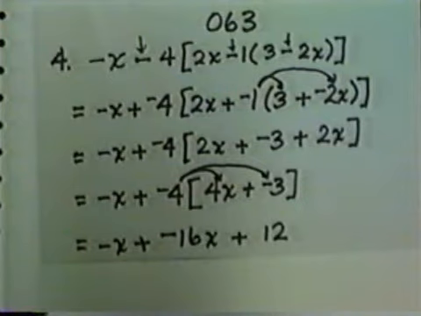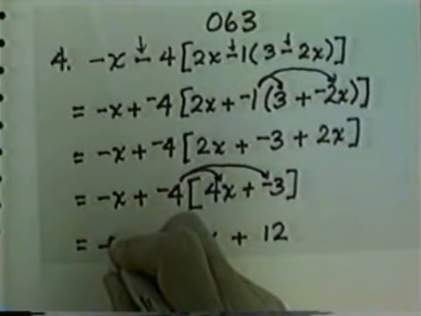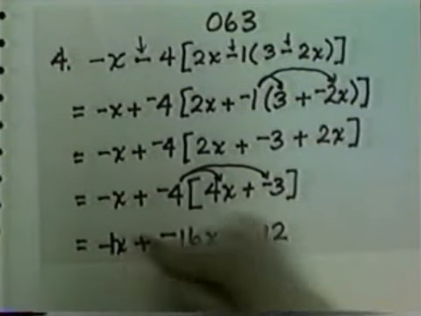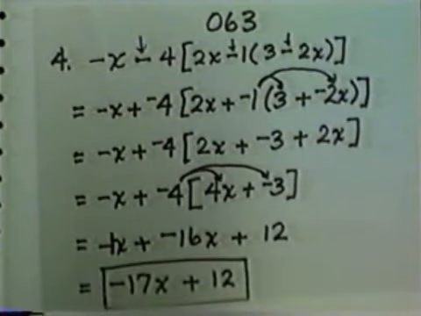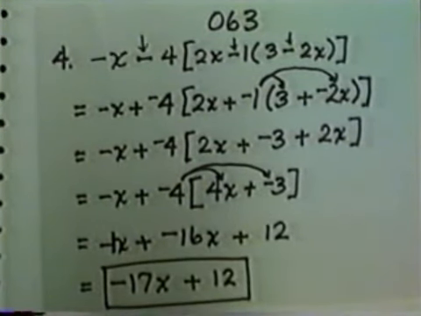The only thing left now is the adding. To add, we combine like terms. Here's minus x, here's minus 16x, and adding these, we remember that minus x means minus 1x. We have an understood coefficient of 1 there, and so we get negative 17x plus 12 as our final answer.